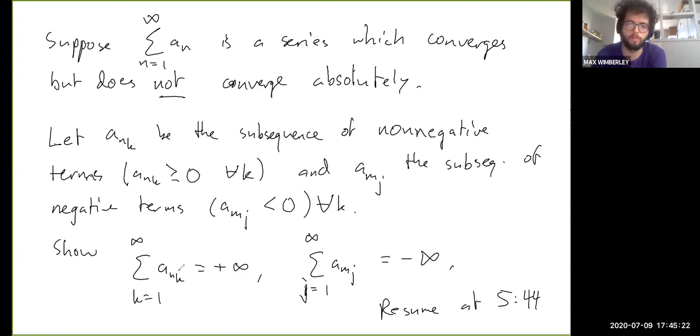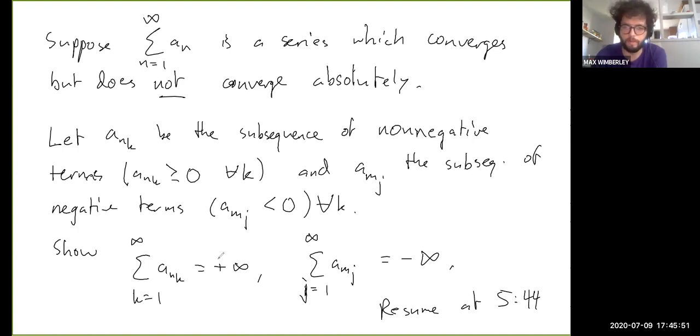Because if this one was a finite number and this was negative infinity, then each partial sum of the original is a partial sum of this plus a partial sum of this, and adding those would give you something that tends to negative infinity.